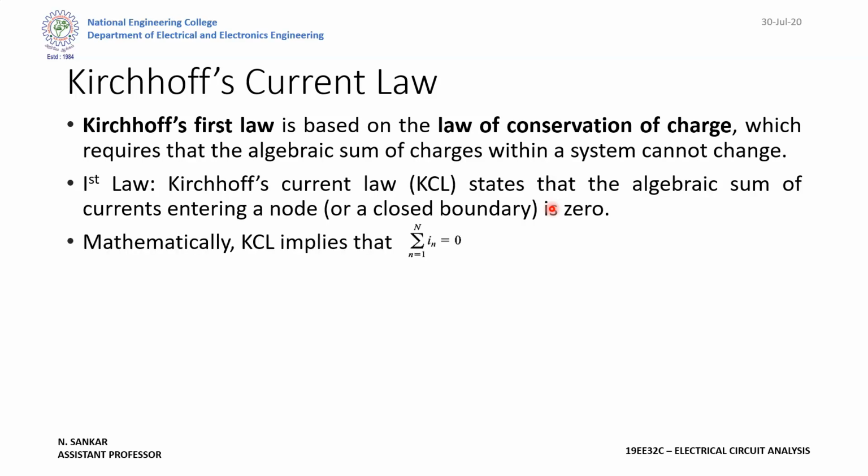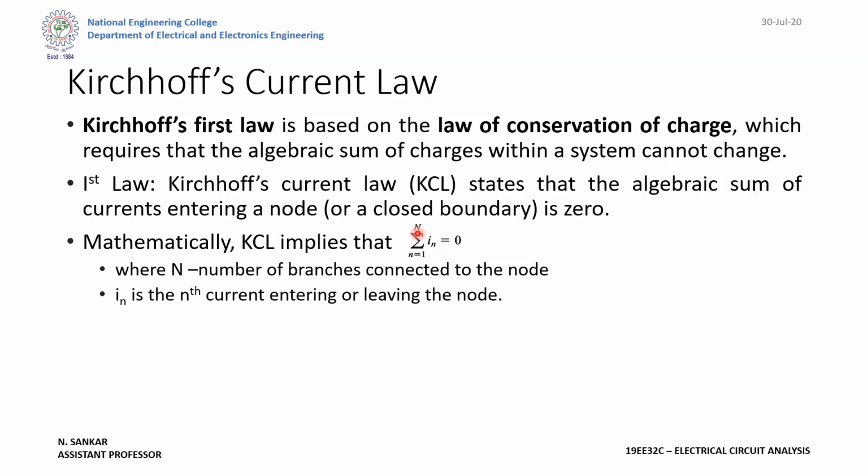We can mathematically represent this as the summation of i_n is equal to 0, where n is equal to 1 to N. So i represents your node current, and n represents which current, first current or second current or third current, and capital N represents the number of branches. So if the node has 5 branches connected, then capital N is equal to 5.